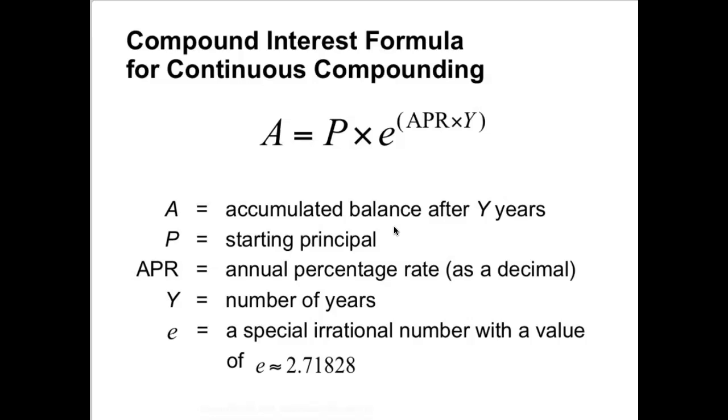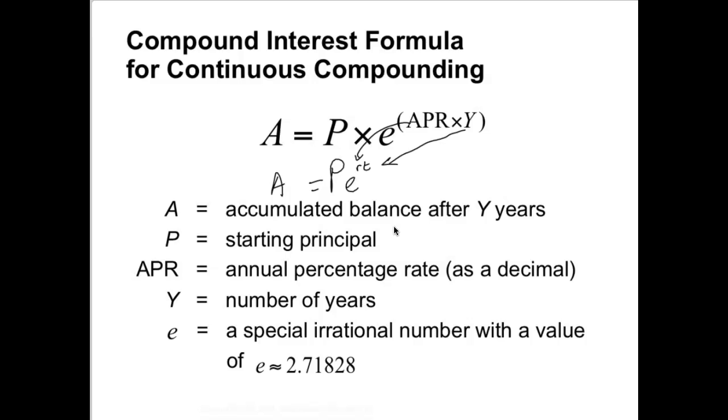And once we get continuous compounding, we end up with this thing called the PERT formula, because sometimes it's written like this, P e to the rt, where r is the APR and t is the time in years.